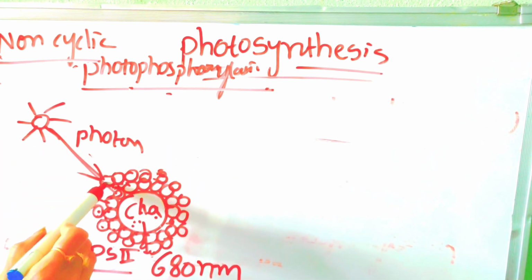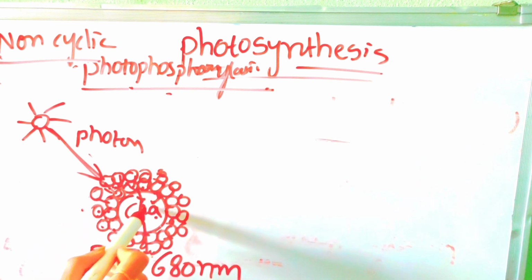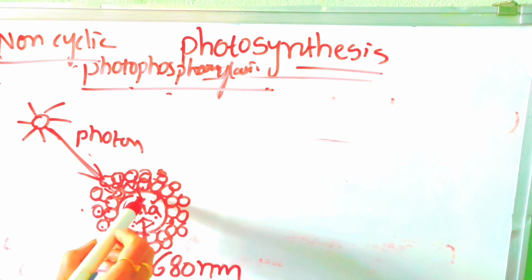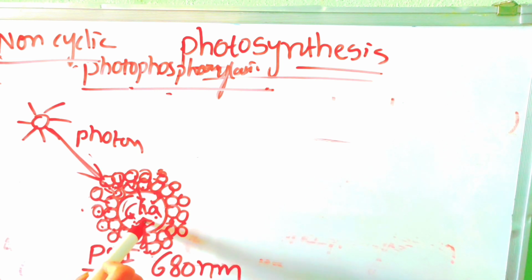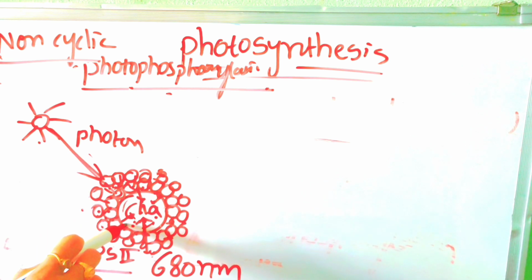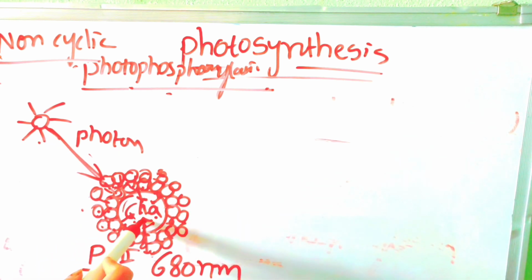These photons are absorbed by the accessory pigments and finally enter the reaction center chlorophyll A. So the energy is added to the center of chlorophyll A from the sunlight through the photons. Sufficient energy is released in the reaction center.